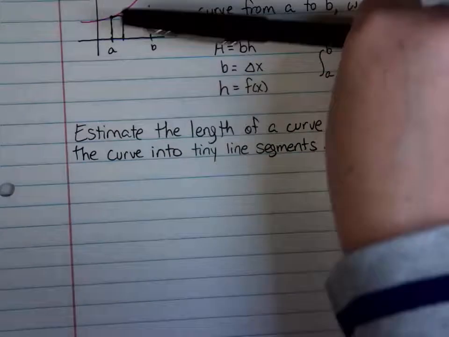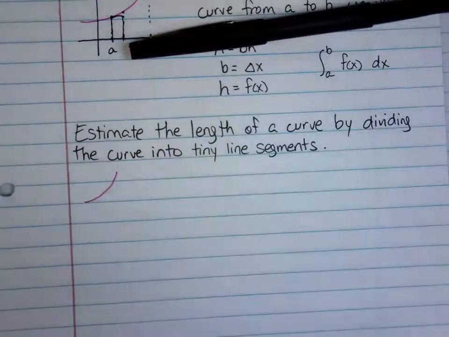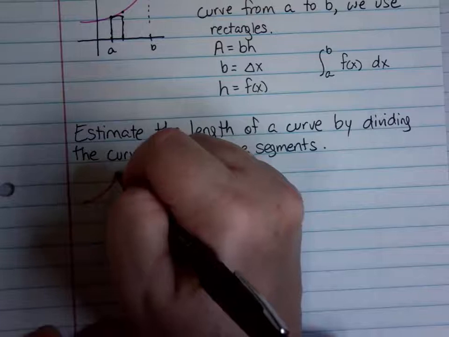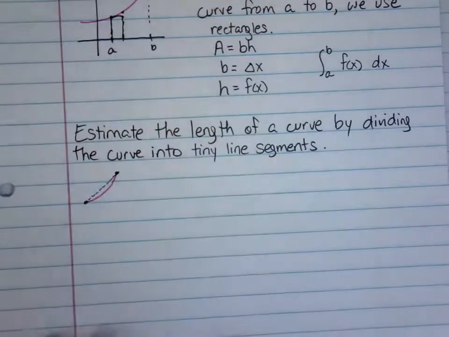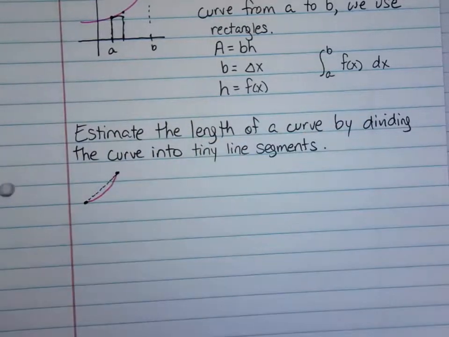So what I want to do is I want to draw a piece of this curve zoomed in a lot. So here, just draw a little curve piece. And I'm going to estimate the length from here to here. Now, if you estimate the length, it would be straight. It's not exact, but it's close. Now, how do we find the length of straight pieces of line?